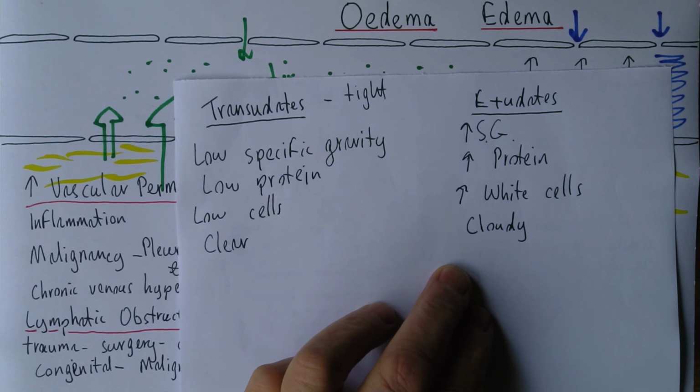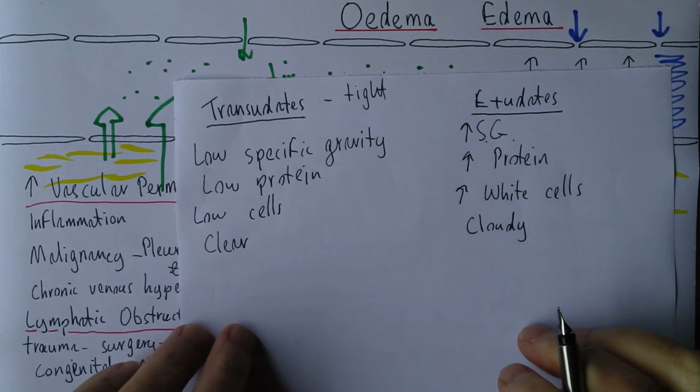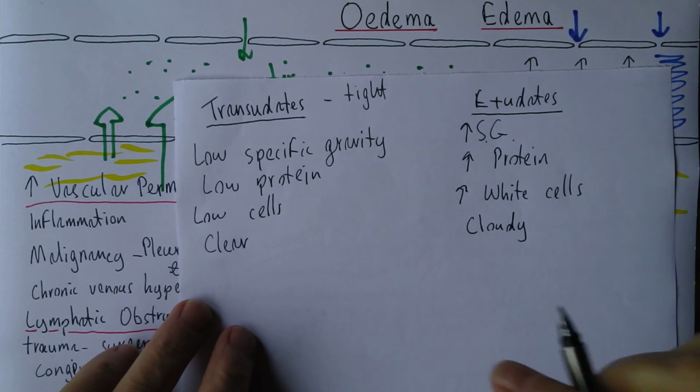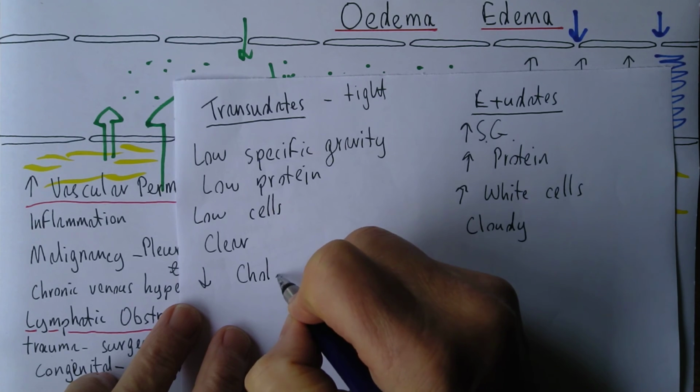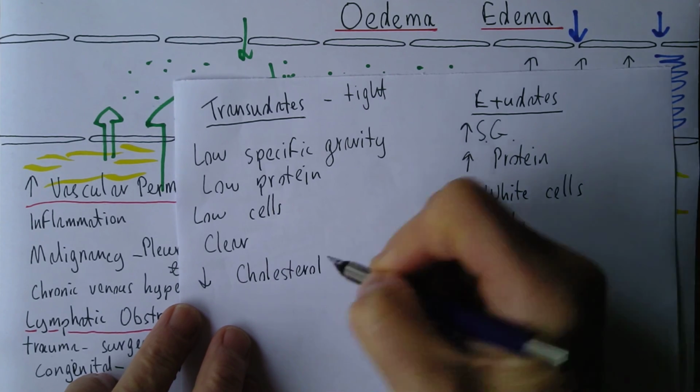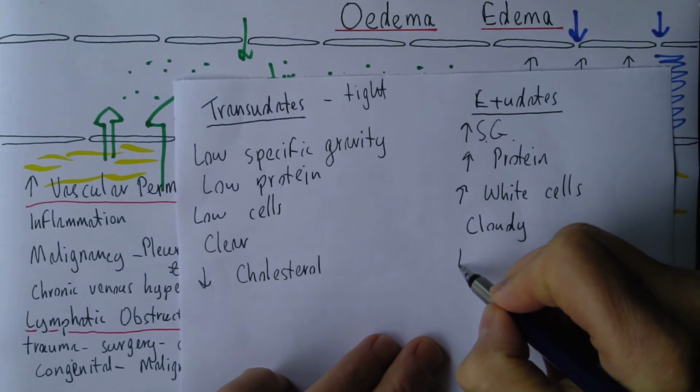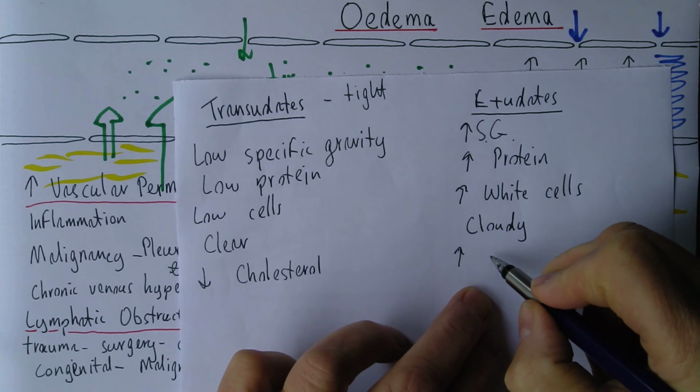And if we look for other things, biochemists will look for other components. Transudates are low in cholesterol, whereas again, the cholesterol can leak out of the blood in an exudate and it's higher in cholesterol.